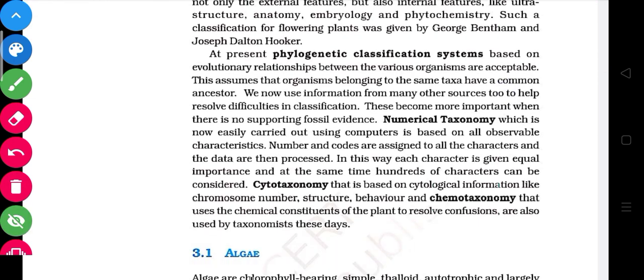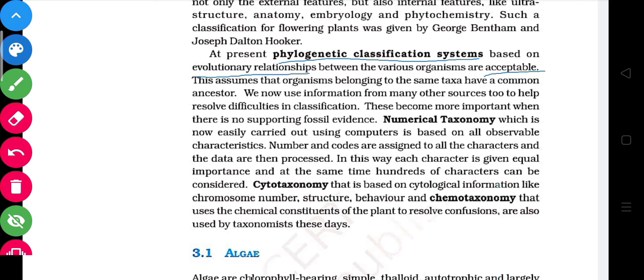At present, phylogenetic classification systems based on evolutionary relationships between the various organisms are acceptable. So, the third type of classification is phylogenetic classification. It is based on evolutionary relationships between the various organisms, and this is the most acceptable one.